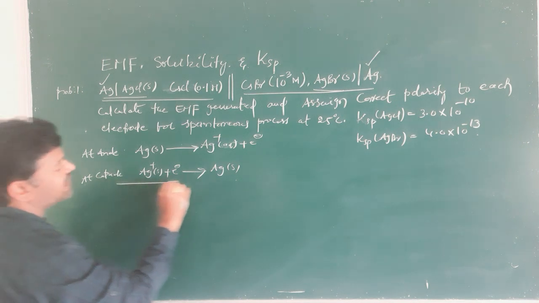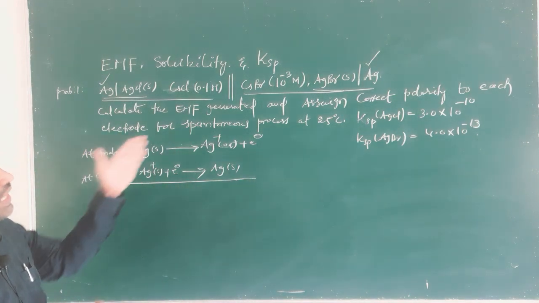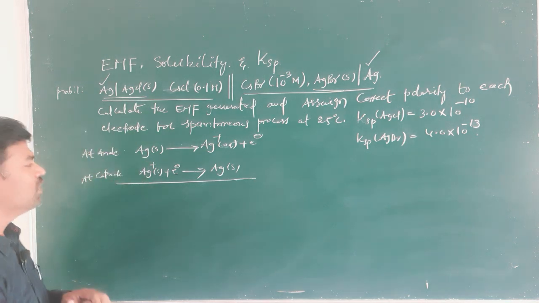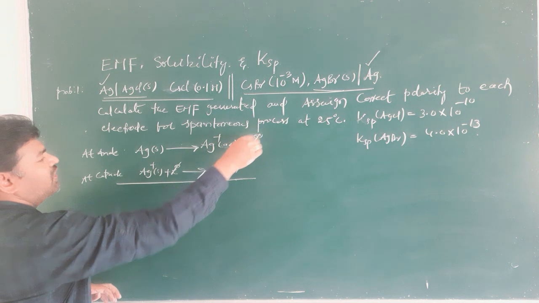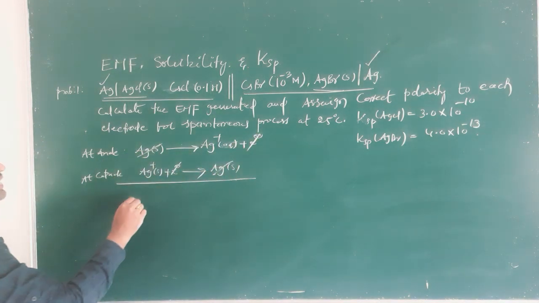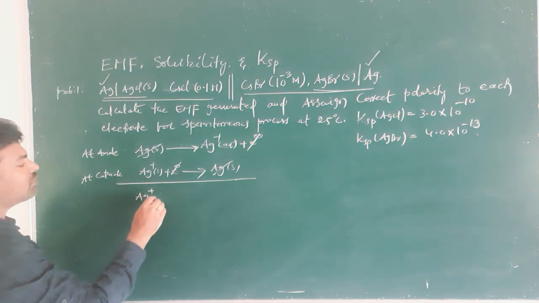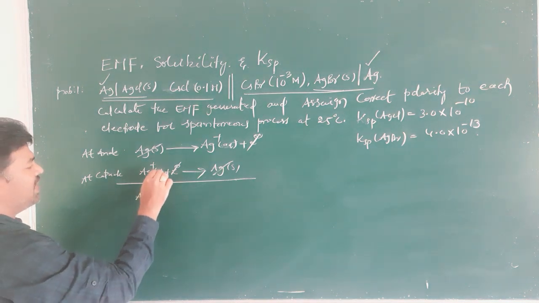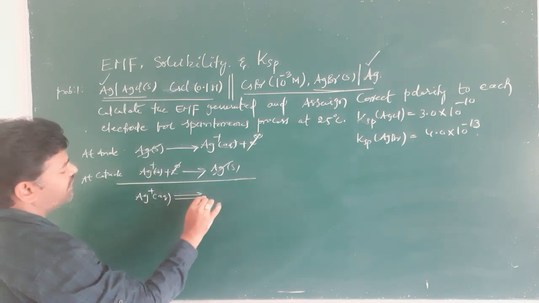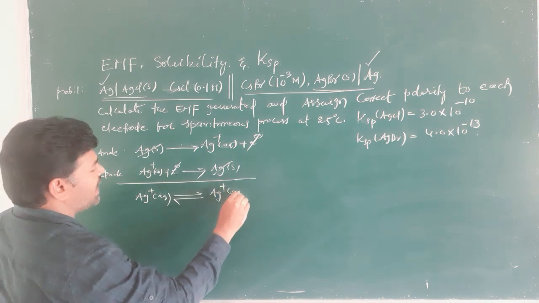We are well versed, we can interpret the reaction at the anode and at the cathode. The electron and Ag solid get cancelled, and the net cell reaction is Ag plus aqueous giving rise to Ag plus aqueous, a reversible reaction.